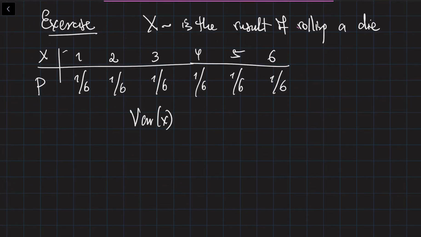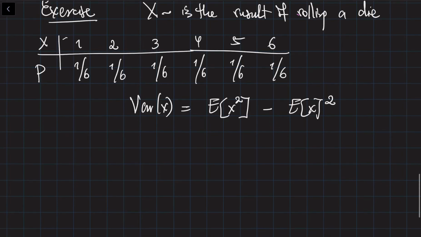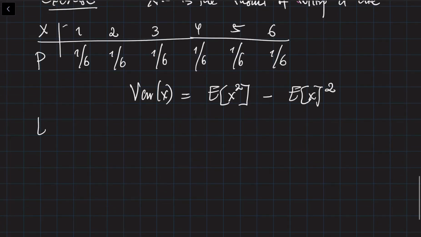In order to find the variance, we need to find the expected value of x squared minus the expected value of x squared. So let's first of all find the expected value of x, just E of x. In order to do this, we need to multiply every appearance of the output, x i, by its corresponding probability.